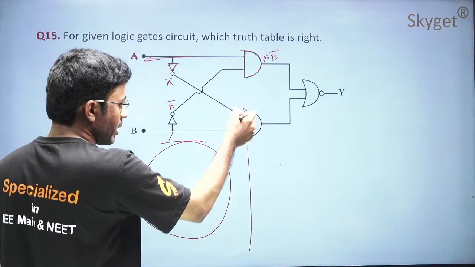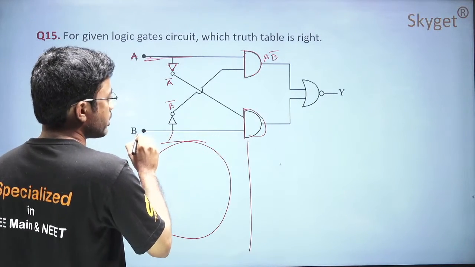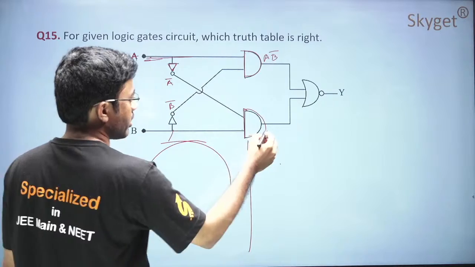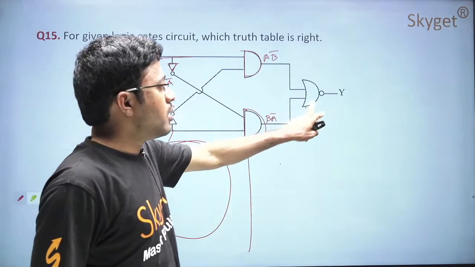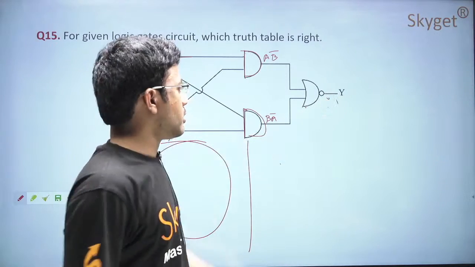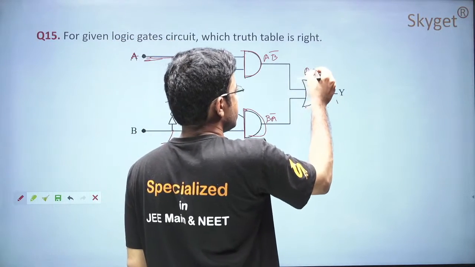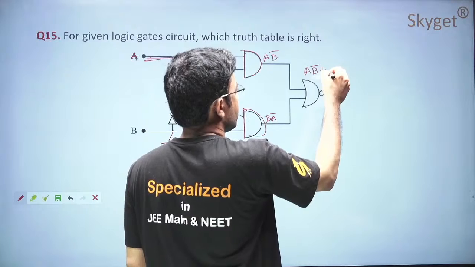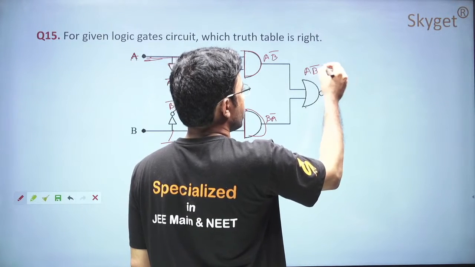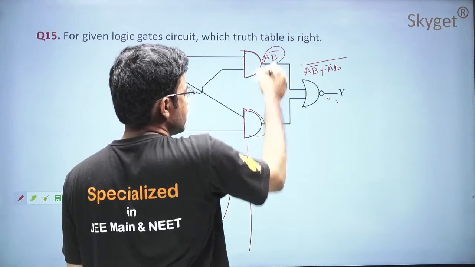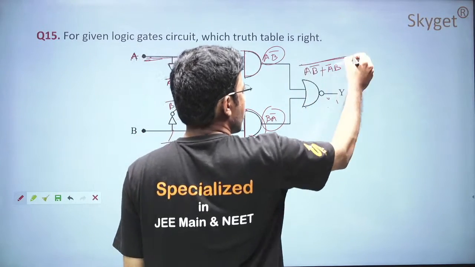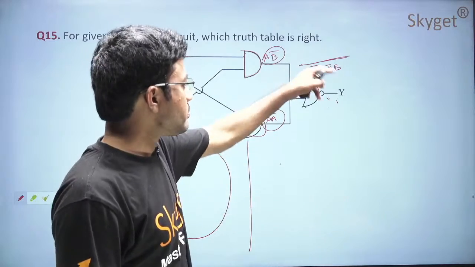Next, to the same kind of AND gate, the 2 inputs are B and A bar, so B A bar. Then this is OR plus NOT, this is a NOR gate. So in general it becomes AB bar plus A bar B, whole bar. First you have to add these both and then complement them.